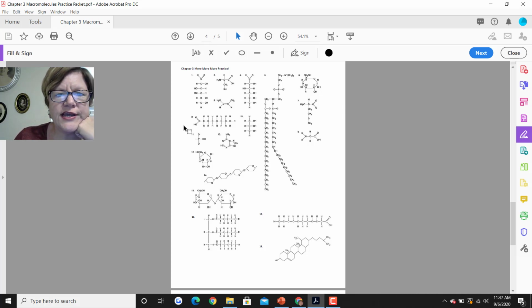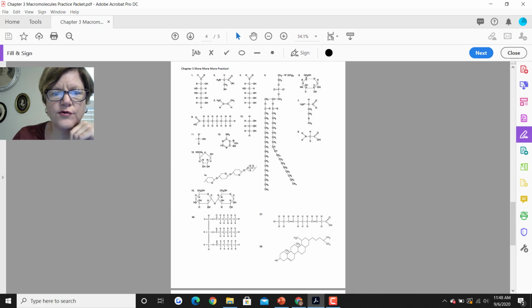We talked about fatty acids, number 9. Number 10 is glycerol. Do you know what number 11 is? It's supposed to be a phosphate group. They're missing an oxygen there, but do you know what 13 is? 13 is a nitrogenous base. 12 is a simple sugar. 14 is hexagons.